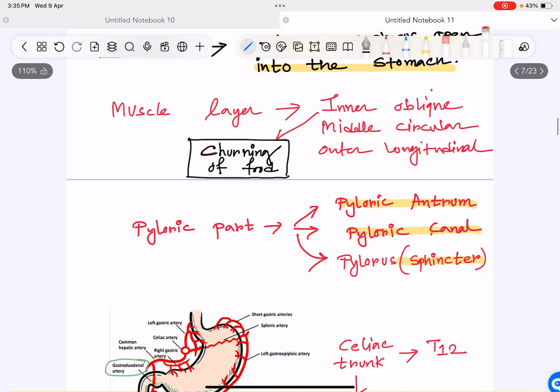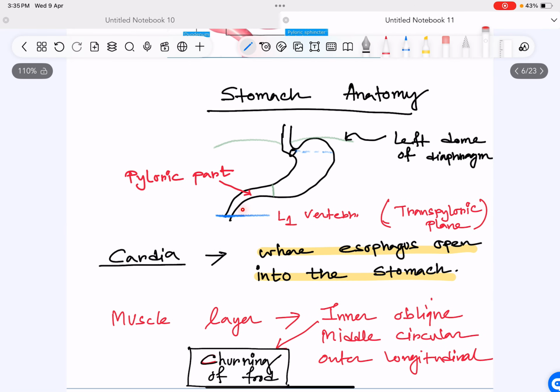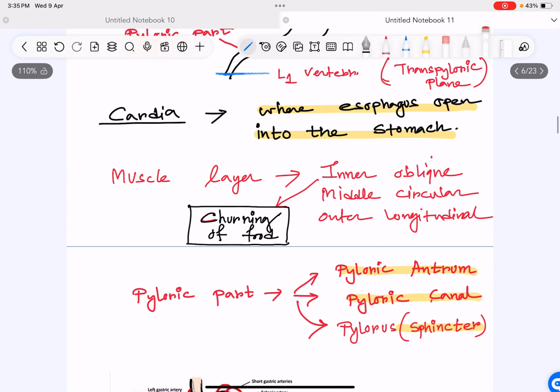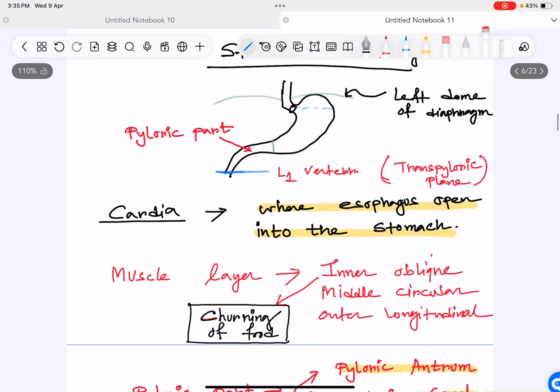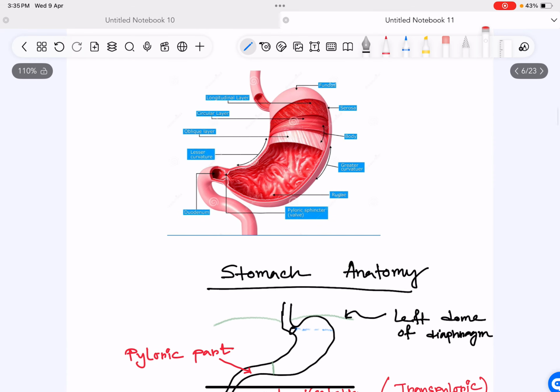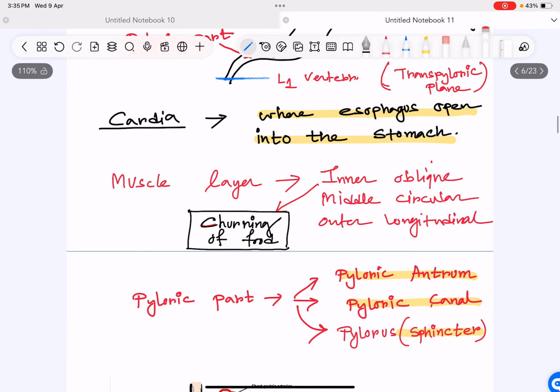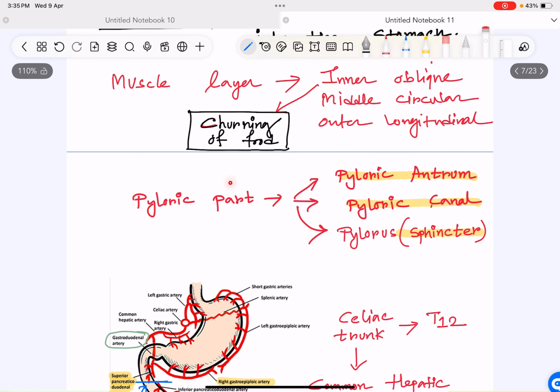Actually, we call this part simply the pyloric part, and this pyloric part is actually divided into three parts. The first part is the pyloric antrum. It's a dilated part. This dilated portion is the pyloric antrum. Okay, so the pyloric part starts with pyloric antrum, or just simply we call antrum.